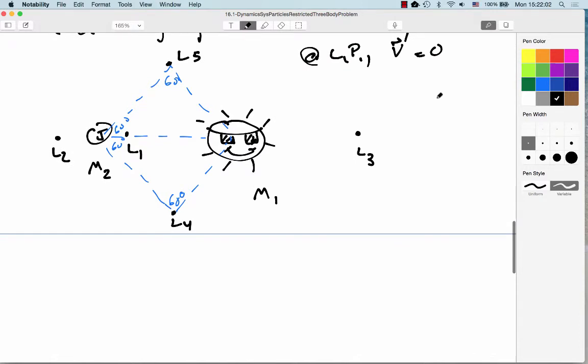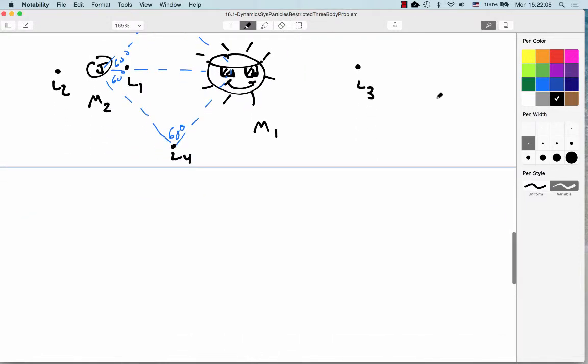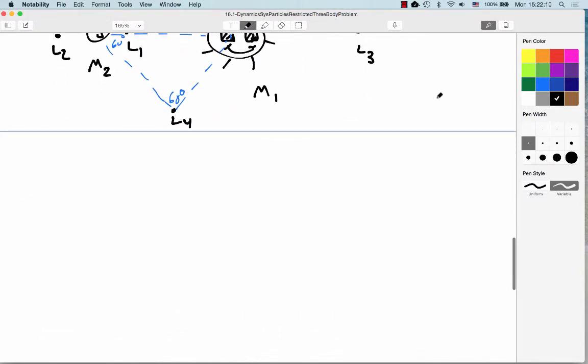All right, so let's go ahead and examine this now in the frame of the sun. And it'll turn out we'll have to do 4 analyses. The analysis for L4 and L5 are the same. But let's start by taking a look at L1.